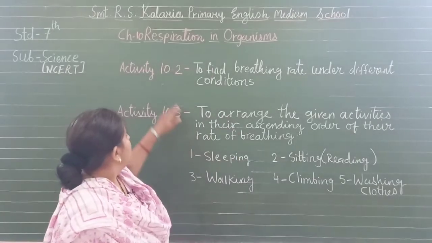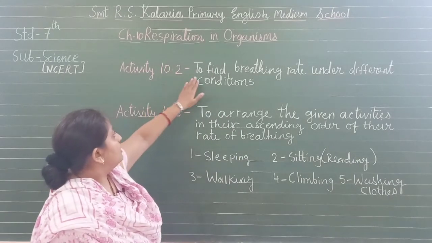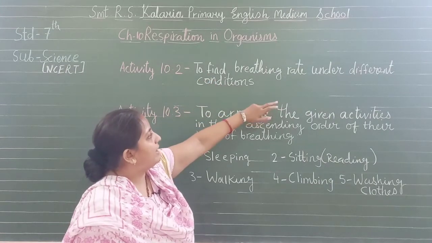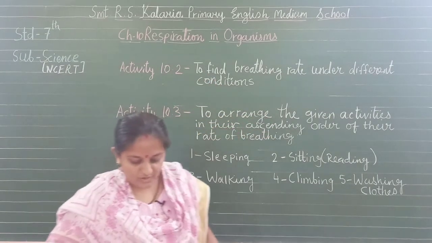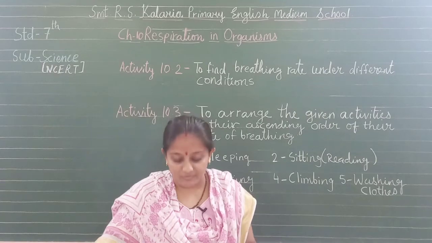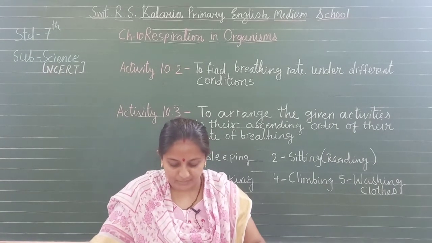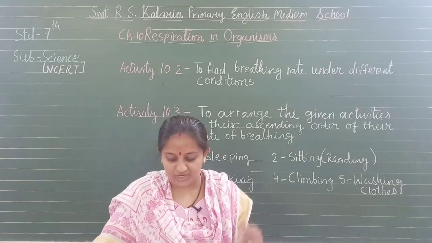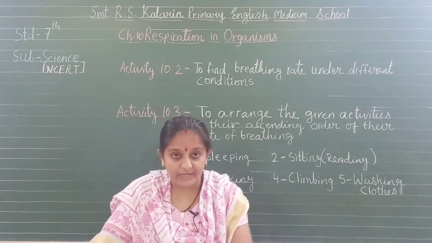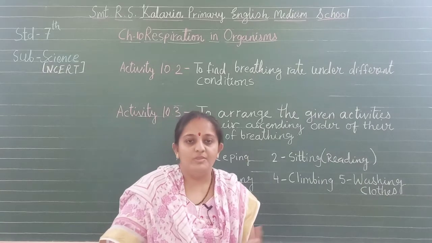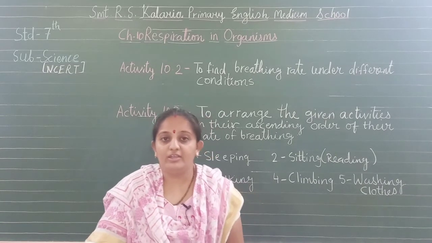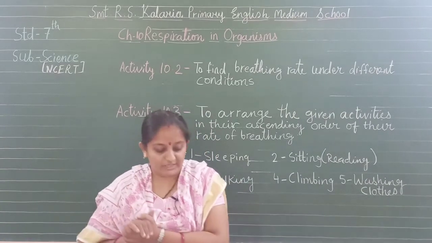Activity 10.2 is about finding the breathing rate under different conditions. In the textbook one table is given for the normal breathing rate. Normal, after a brisk walk for 10 minutes, running fast 100 meters, or at rest. You have to write the different breathing rates as per the different activities.